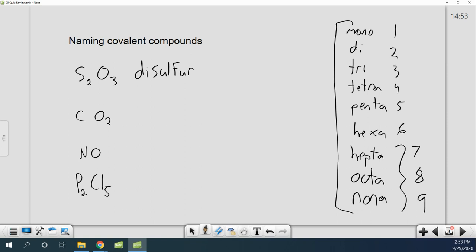And then how many oxygens do I have? I got 3. So it's tri-oxygen. Except I don't write oxygen. I always, no matter what I'm naming, change the ending to IDE. So it's disulfur trioxide.